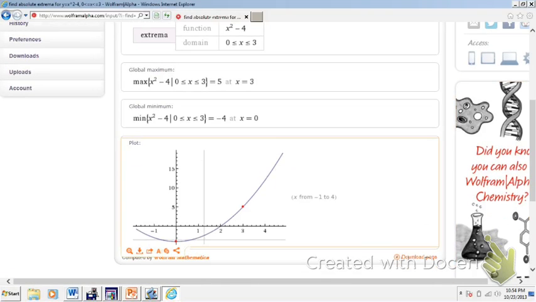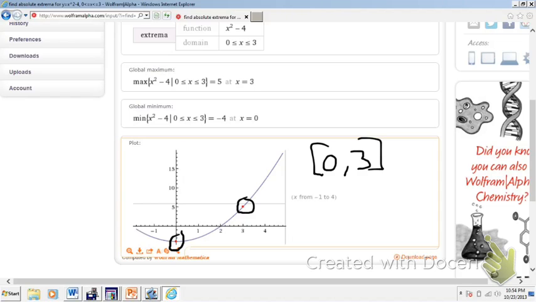Remember we had talked about when you put the domain restriction from 0 to 3 like that, you have to test the endpoint, so you're really chopping the function and just looking at it from here to here. So you have to test critical values, of course, but you also test your domain endpoints to see whether that's where the local or global max occur.